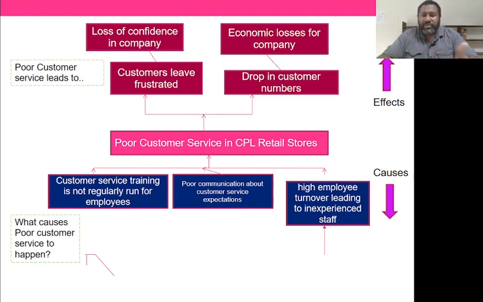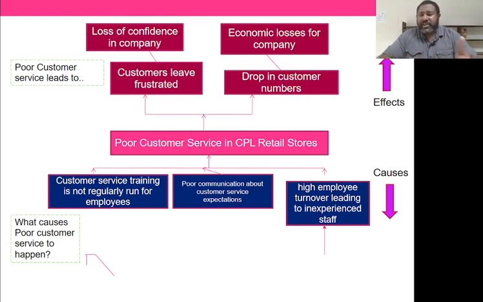Maybe one of the things also that might happen is that there's also poor communication about customer service expectations. So sometimes the management has not explained to employees about fulfilling the expectations of customers. So that communication kind of breaks down when the employee is going about doing their work.